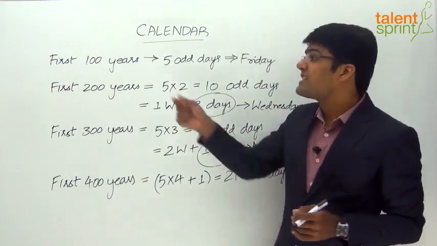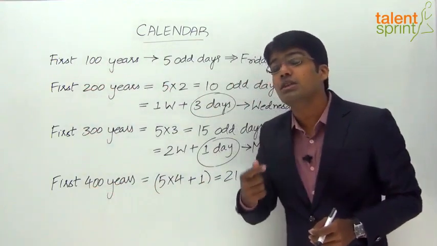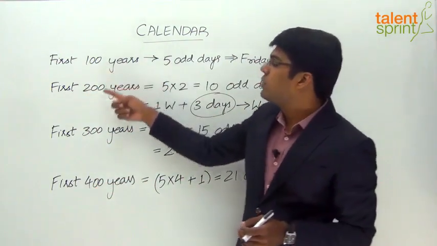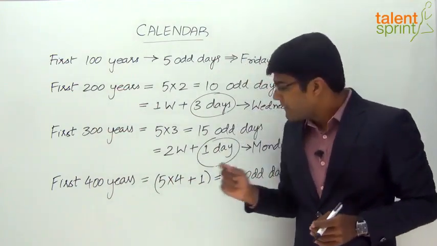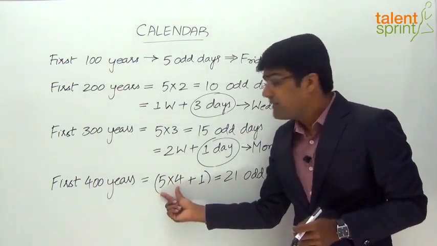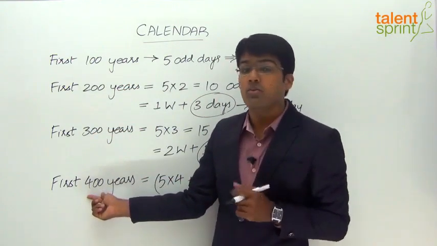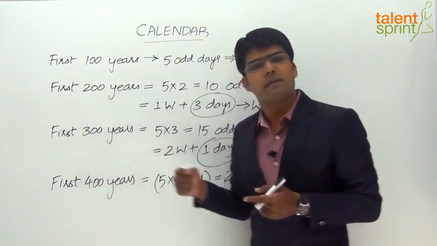Right? You know that for a century year, 100, 200, 300, 400, to be a leap year, it must be divisible by 400. So 100, 200 and 300 were ordinary years which had only one odd day. If you take simply 5 into 4, we are considering the 400th year also as an ordinary year. But we now know that the 400th year is a leap year since 400 is divisible by 400.